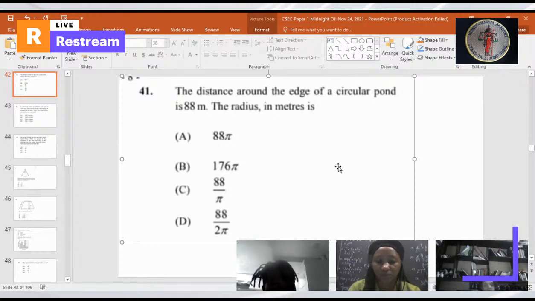What he was about to do was to work it out, and I was about to tell him the answer has pi in it. Look at the options. They didn't work out pi, they put pi. Yes. So if you know the circumference and you want the radius, it's the circumference divided by 2 pi. This would be D, 88 divided by 2 pi. All right.